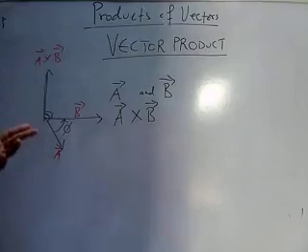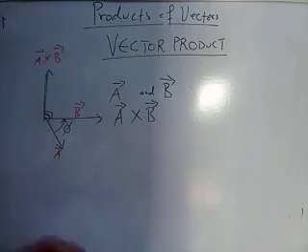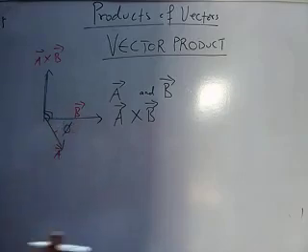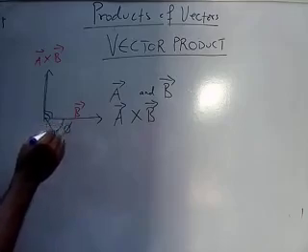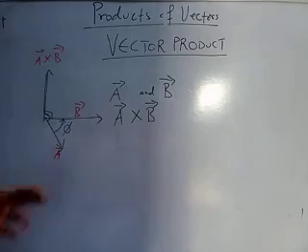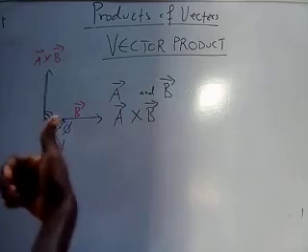So you see there's an arrow pointing towards this direction. I said the vector product of two vectors is itself a vector. That's the direction. This obeys the right hand rule.